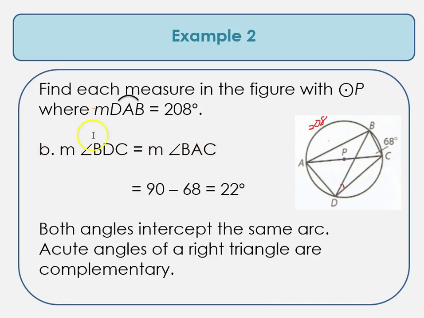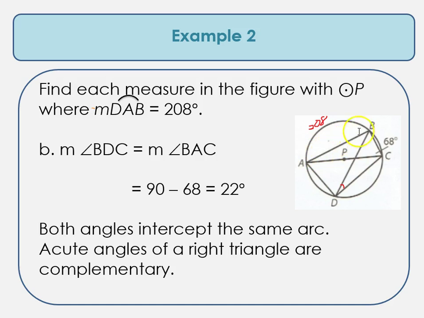Find the measure of angle BDC. BDC is intercepting arc BC, and BDC is also equal to angle BAC because they both intercept the same arc.